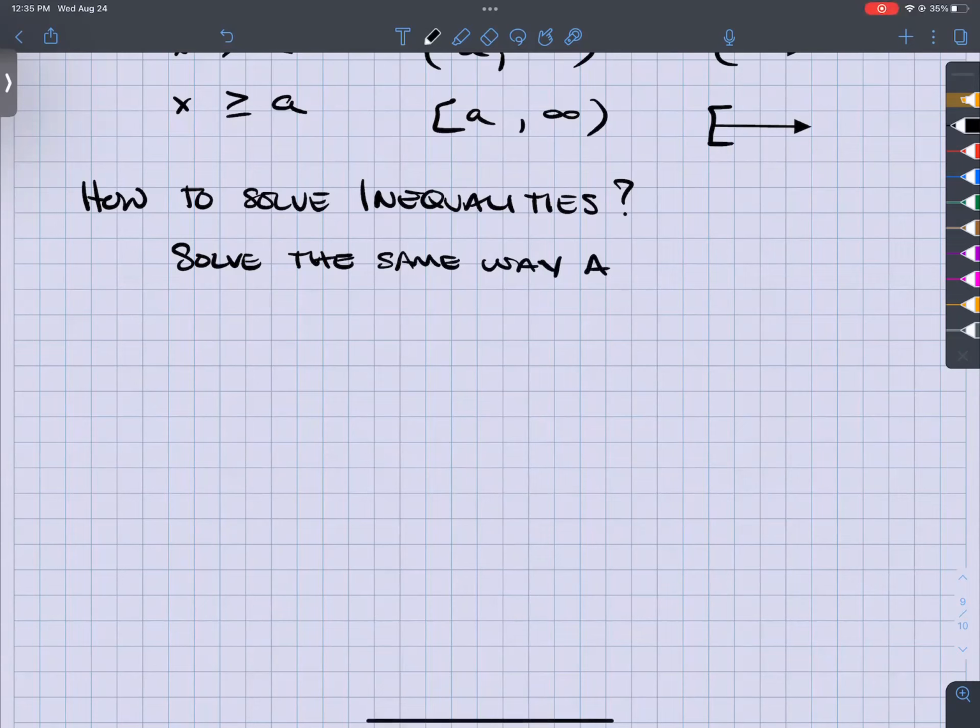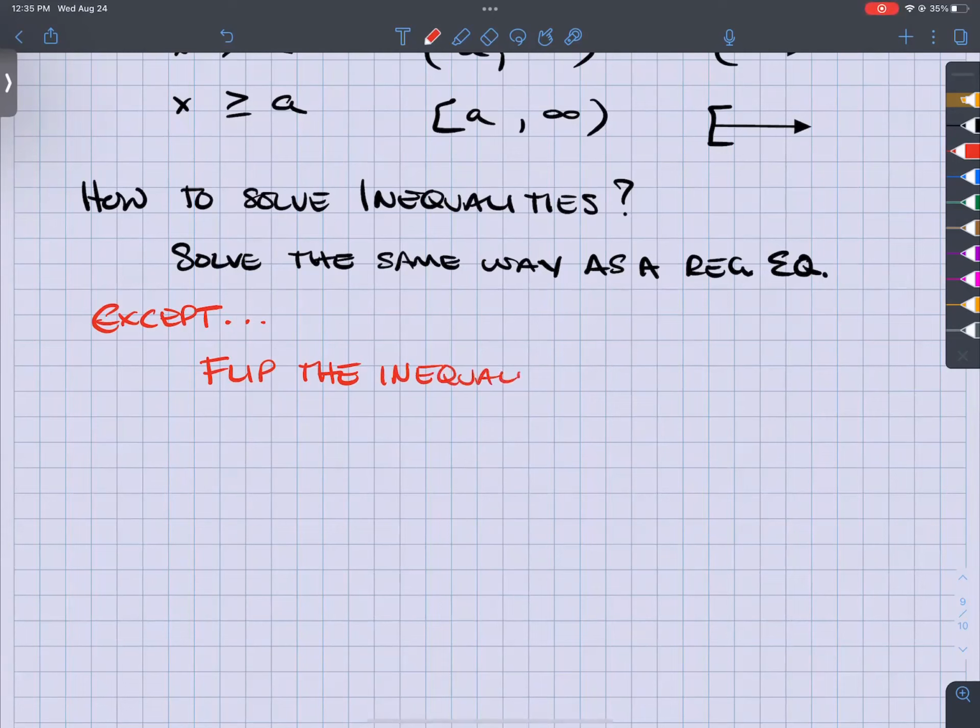Solve the same way as a regular equation, except flip the inequality when you multiply or divide by a negative.